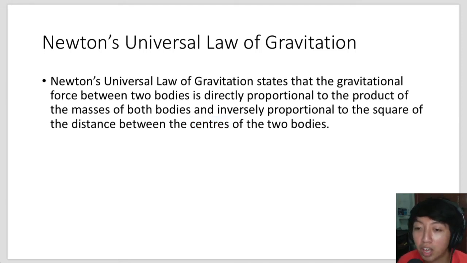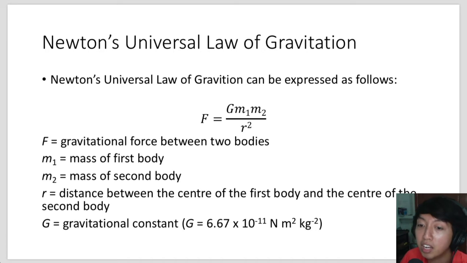It has to be simple. You have to have all the keywords. That is when you're giving a definition. But if the question says express Newton's universal law of gravitation as a formula, then you can write down this formula.